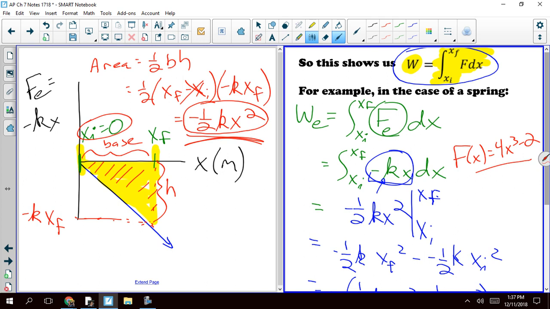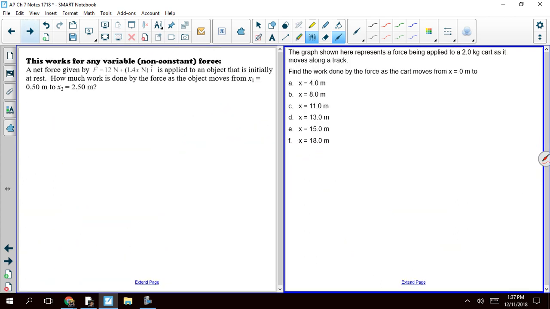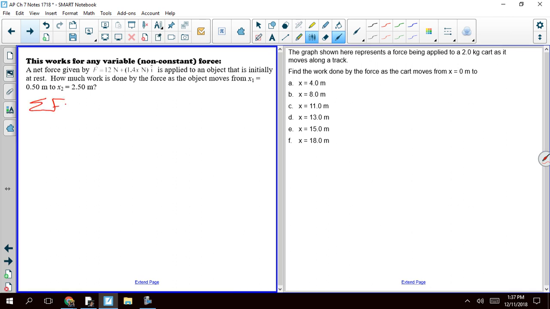So this next point here kind of shows us the same thing. This idea is that it works for any variable, any non-constant force. Here's an example that doesn't have cubes like that last one did. We've got a net force acting on an object, and our net force is given by 12 plus 1.4x newtons in the i direction.